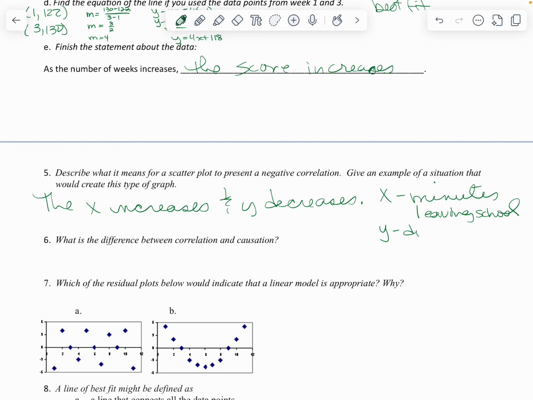Y is distance from home. Just do time, minutes, and distance from home.